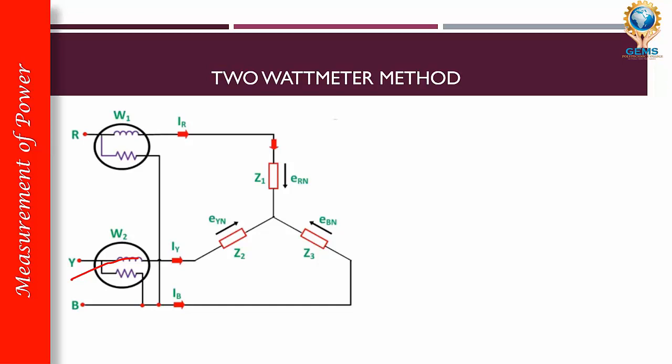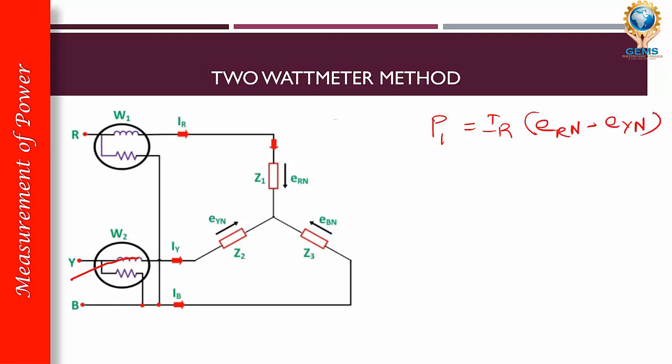So how do we write the power equation for wattmeter 1? It is nothing but P into I. So P1 is equal to IR into ERN minus EYN.